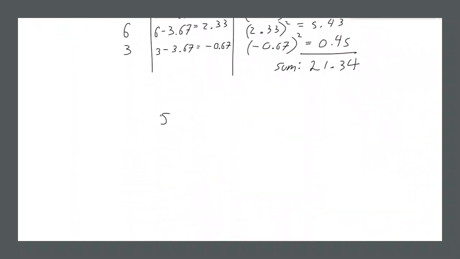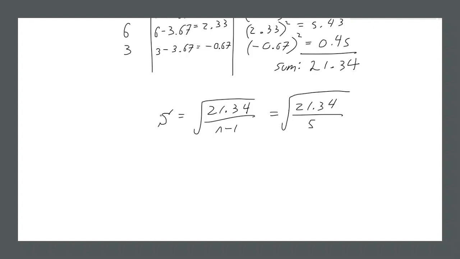So the sample standard deviation will be 21.34 divided by n minus 1, and we take the square root. N minus 1 is 5, right? Because we have 6 data points, so one less than that is 5.